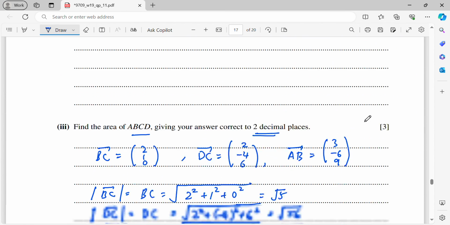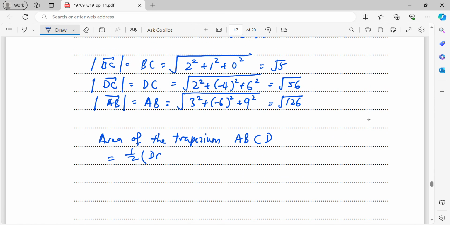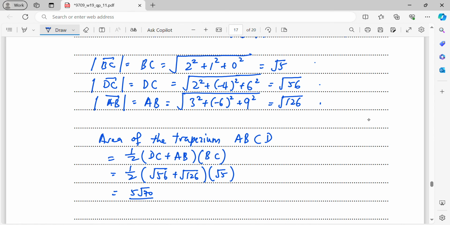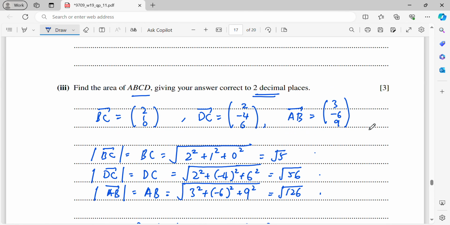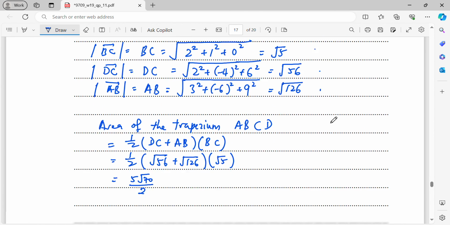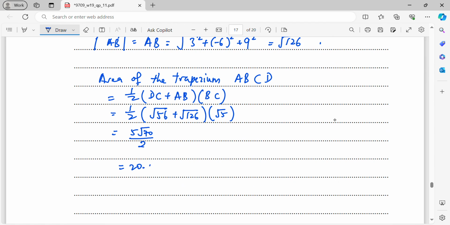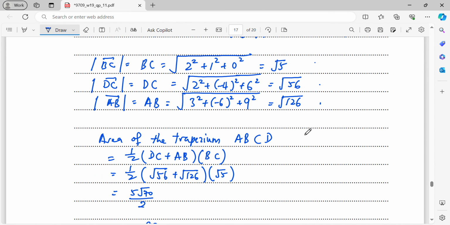So just replace all these 3 values. I get half of square root 56 plus square root 126 times the BC, which is square root 5. Then here you will be getting 5 square root 70 over 2. And now when you look at the question, it's mentioned 2 decimal places. So here I will get 20.92. So that's the solution of this question.